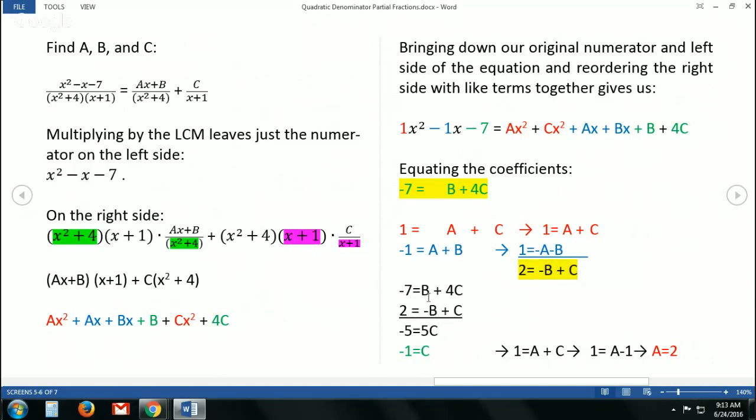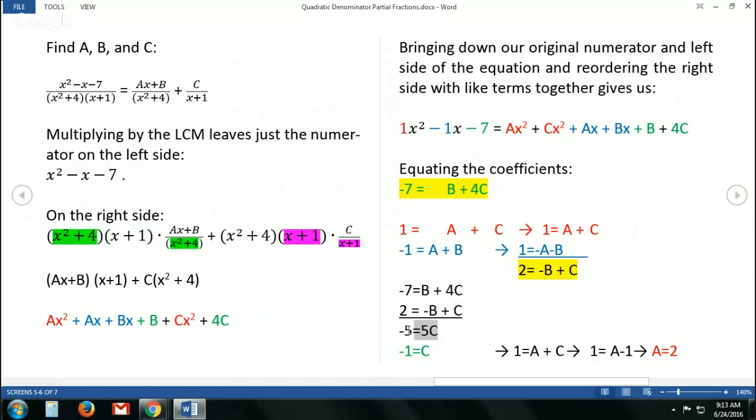Notice that the b's are already opposites of each other, so I can do elimination immediately on this particular problem. Adding together -7 and 2 gives me -5. The b's added out since they were opposites, and 4c plus c gives me 5c.